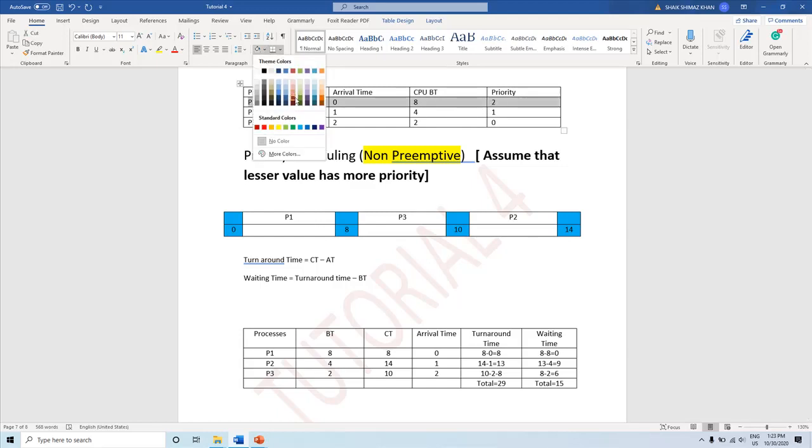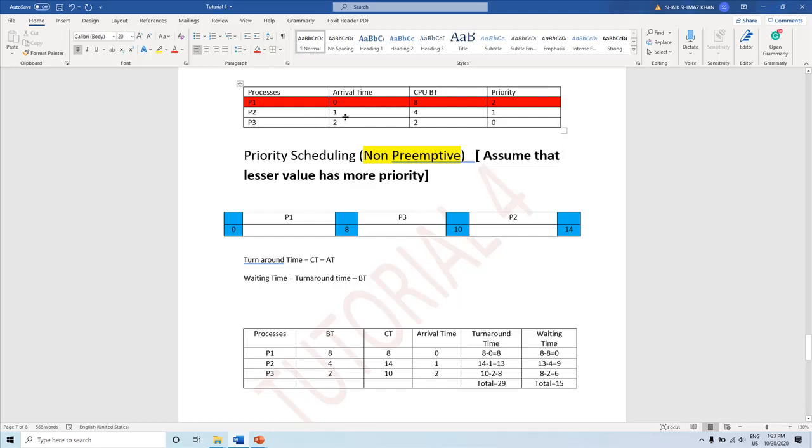Let me make it red. This P1 is finished.